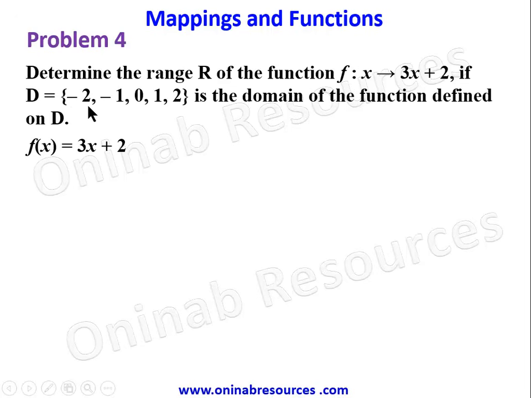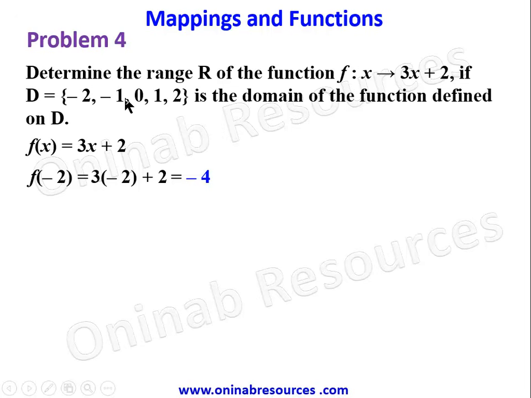So we now put when x is -2, so we find f(-2), 3 times -2 plus 2. 3 times -2 gives -6, plus 2 gives -4. That is the first element in the range.